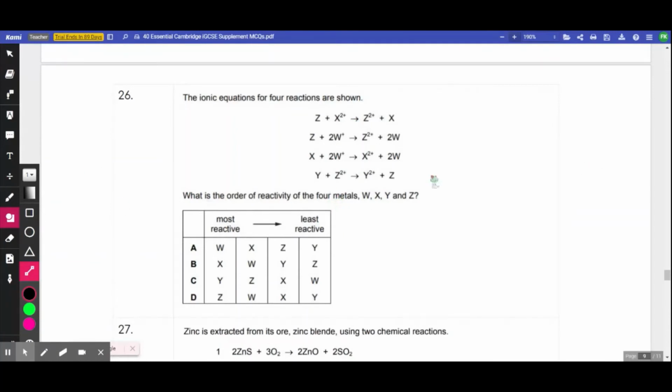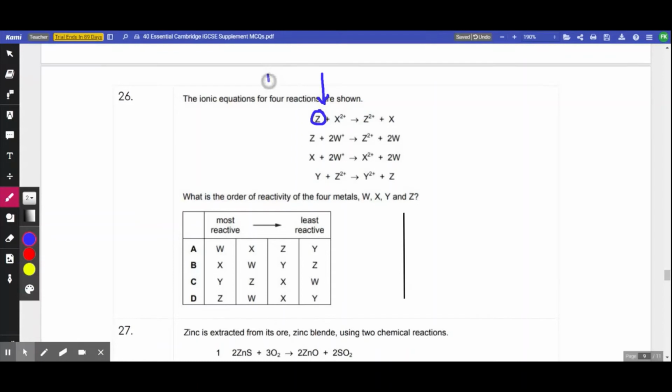You've got to come up with some level of order of reactivity of the four metals. So let's start working with that over here, and let's try and see whether we can unpick some of these points. So Z is over here, and that's the metal. If it's not an ion, that means it's the actual metal itself.